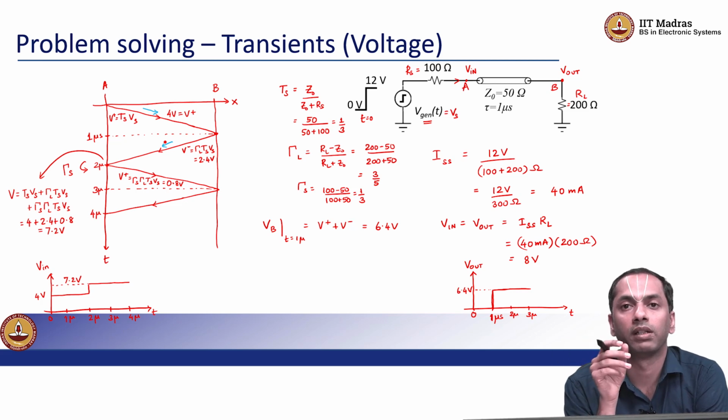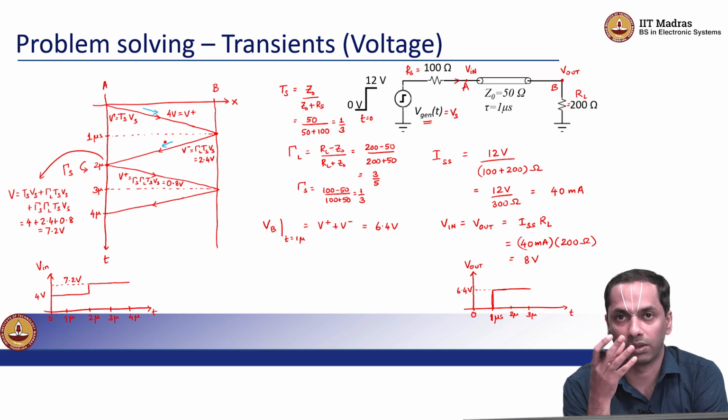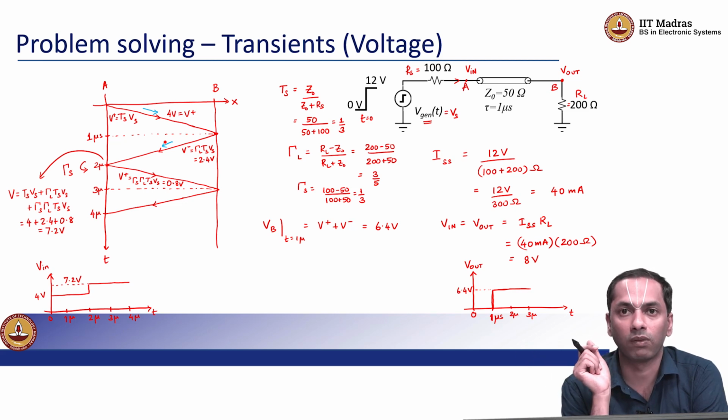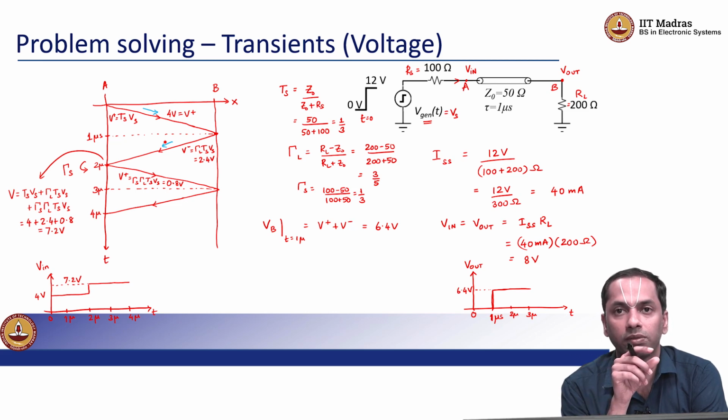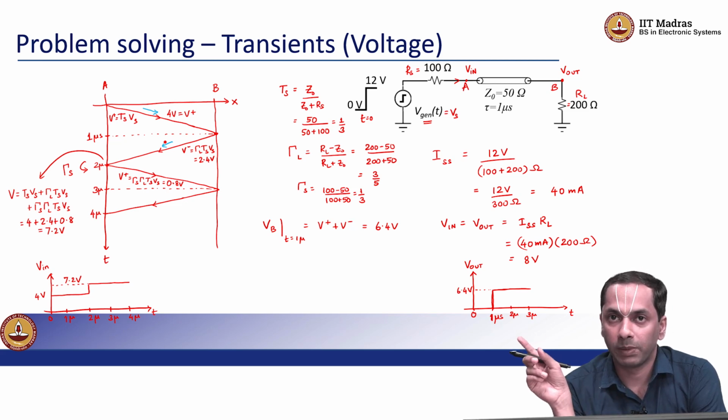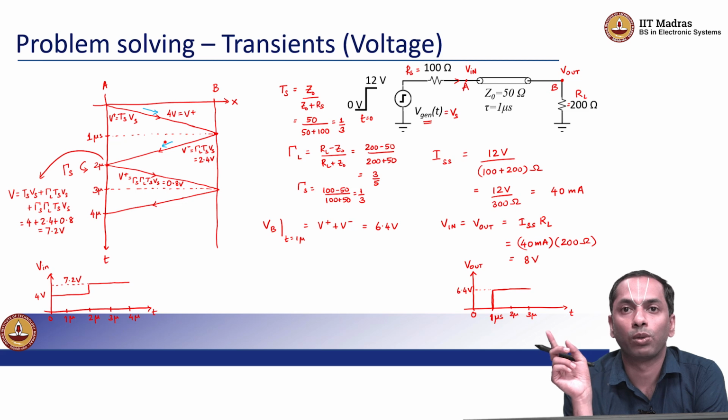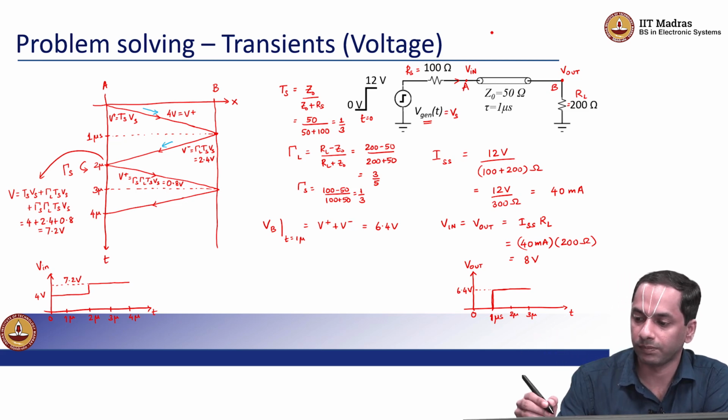So, remember that say you had a battery and then you took a pair of long wires and just connected the leads of the two wires to the battery. You expect the voltage of the battery to be showing up at the end of the two leads as well, right.